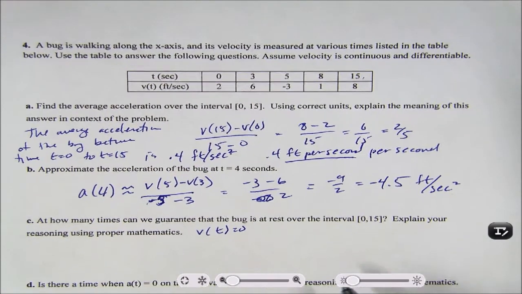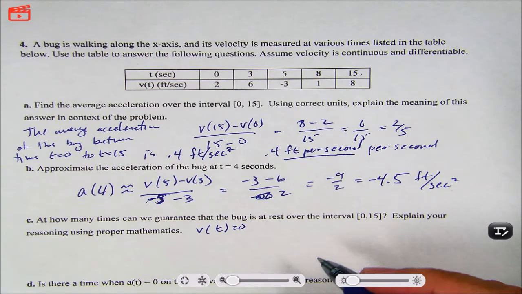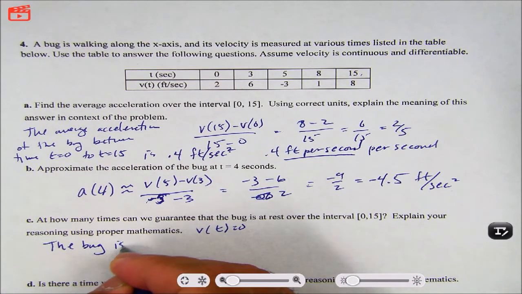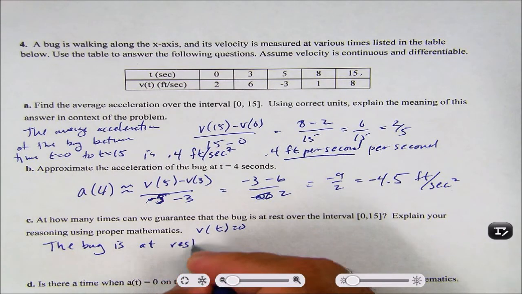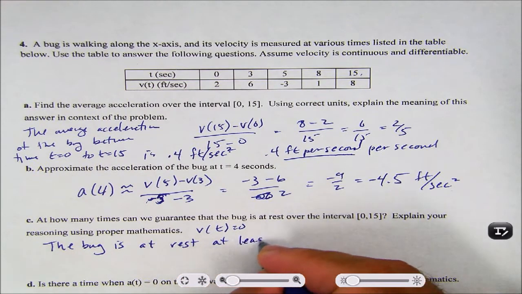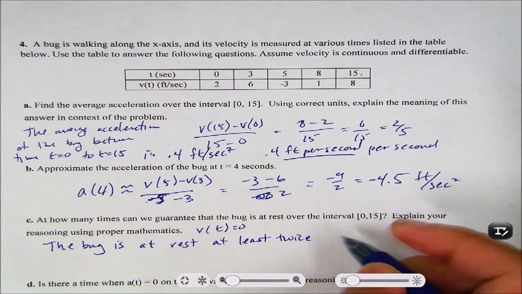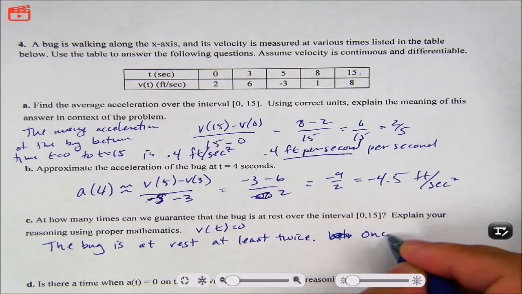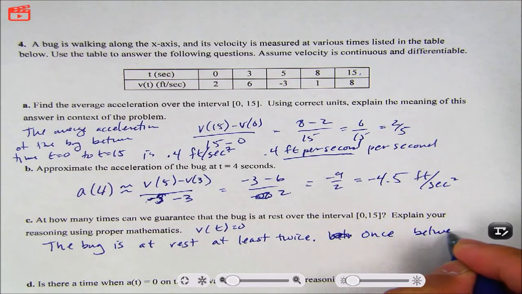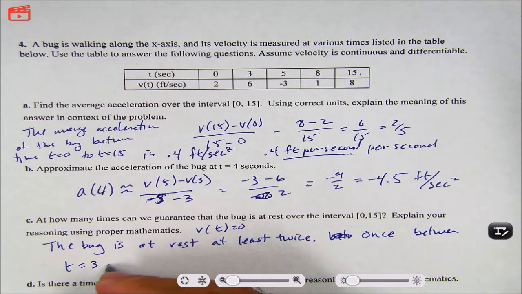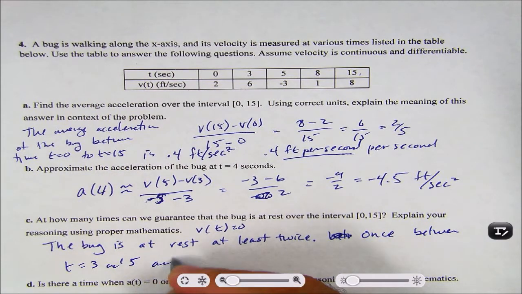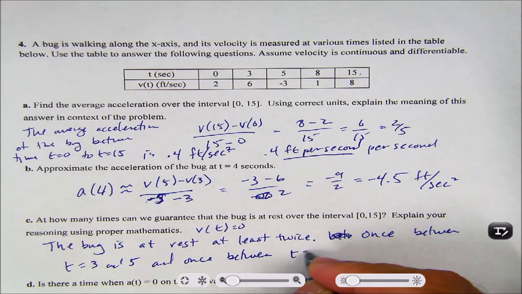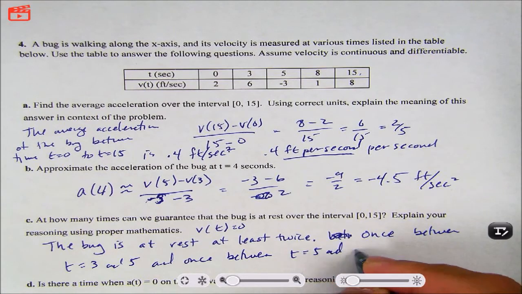All right. So the bug is at rest at least twice. Once between t equals 3 and 5, and once between t equals 5 and 8.